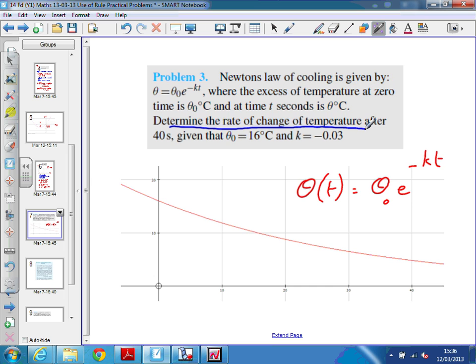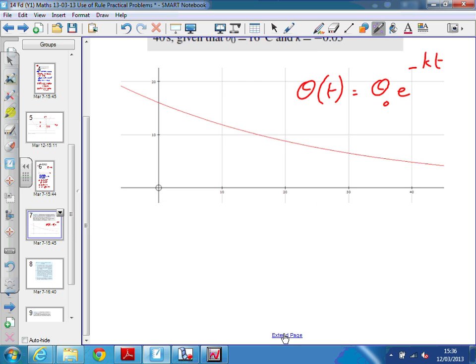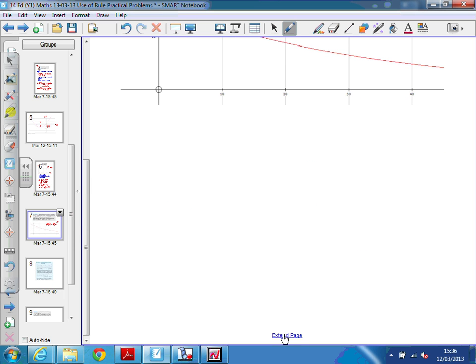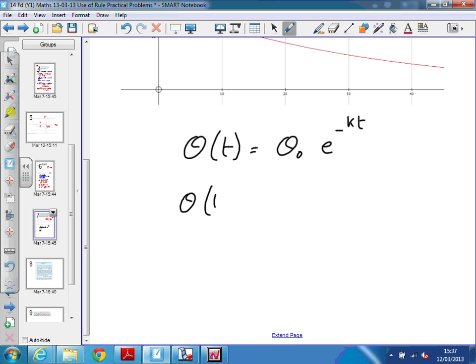Differentiate it, yeah. So I've got the original function, theta, which is a function of time, equals theta 0 e to the minus kt. Or actually, in this particular case, putting the values in, theta t equals 16 e to the minus 0.03 t. So we've got some values and we can put them in.